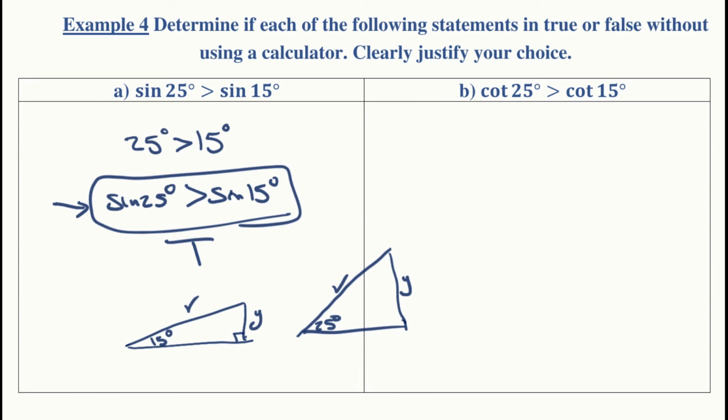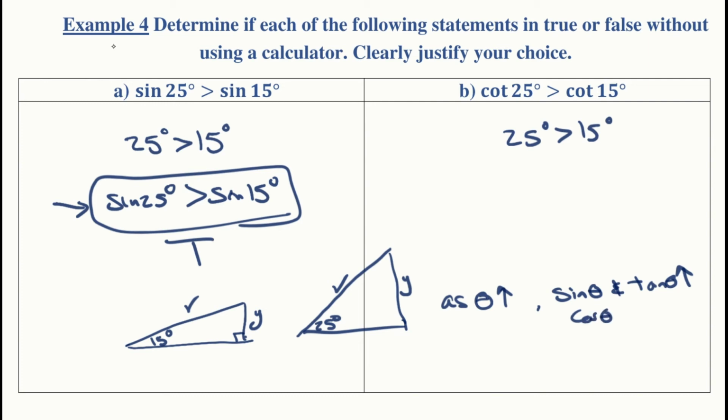Okay? How about cotangent of 25 as opposed to cotangent of 15? Now we know that 25 degrees is greater than 15 degrees, right? Now, if you recall, as theta increases between 0 and 90, then sine theta and tangent theta increase, but cosine theta decreases.